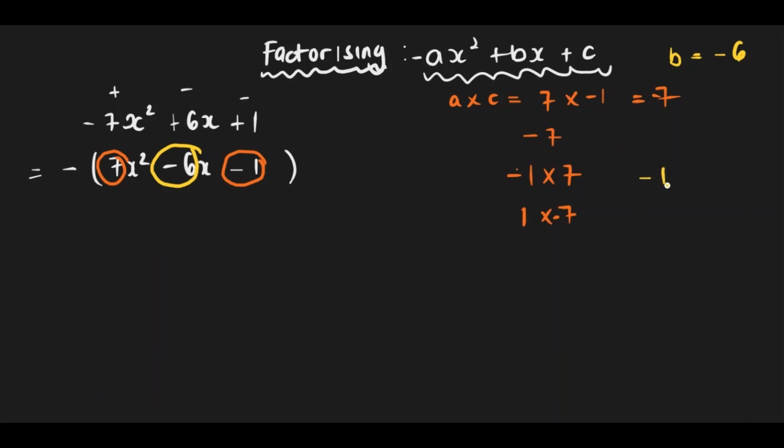If we say -1 plus 7, we get +6. So this is not the pair, because we need -6. The second one is 1 plus -7, and we get -6. So this one is our factors, right?